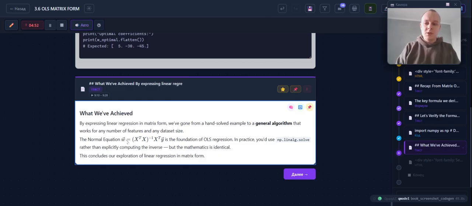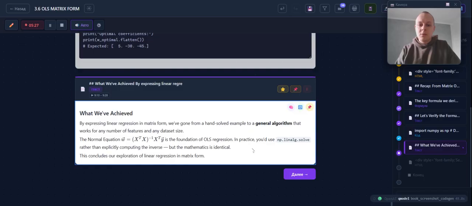So this normal equation: our vector of weights equals, in parentheses, X transposed multiplied by the original X, and the result of this multiplication is inverted, multiplied by X transposed, multiplied by our vector of targets. So this is the formula, the foundation of OLS, ordinary least squares regression.